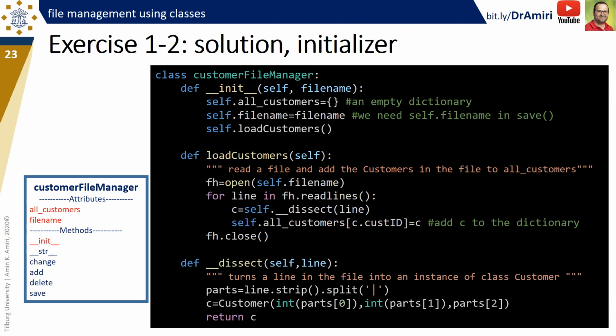So the load customer file is similar to the load points file, only the dissect, the private method dissect, is perhaps different because this time we need to split based on a vertical line rather than a comma, and also use the record manager class of customer rather than point. So everything else is similar here.